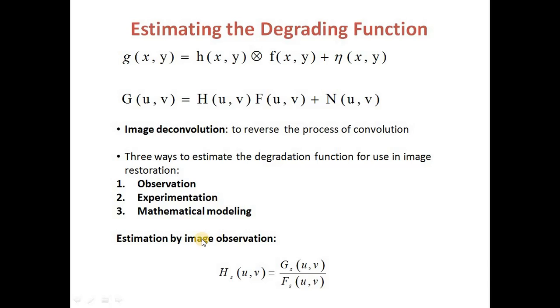We'll take only a small sub-image from the entire image, and that sub-image should contain small structures, let's say an object with its background. And then, in order to reduce the effect of noise, the sub-image will be selected such that the signal content is stronger as compared to the background.